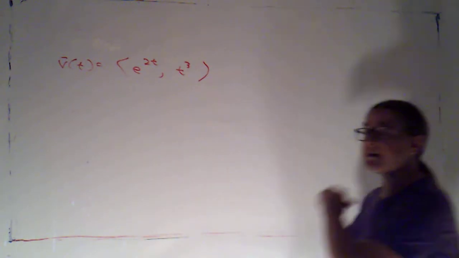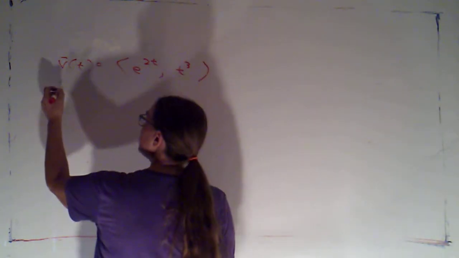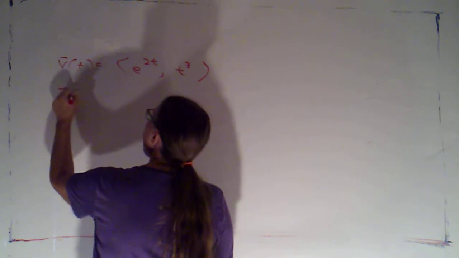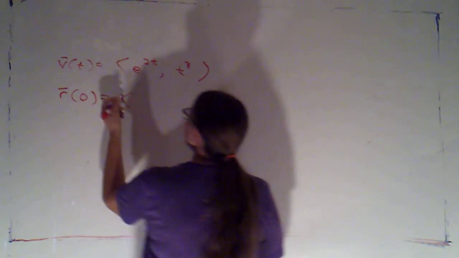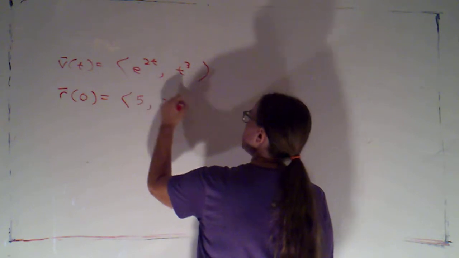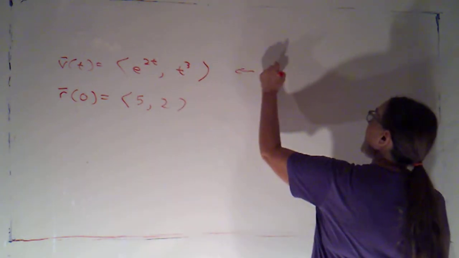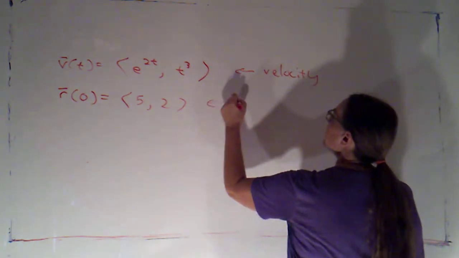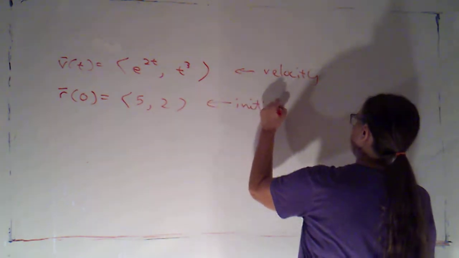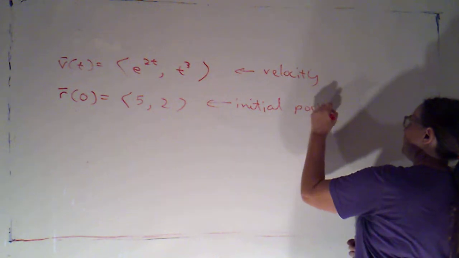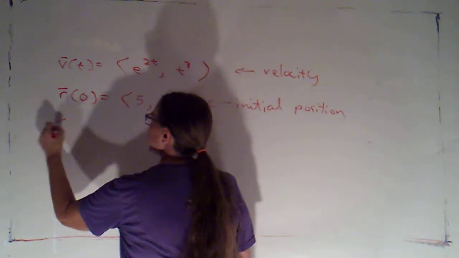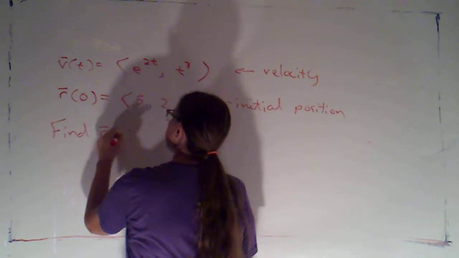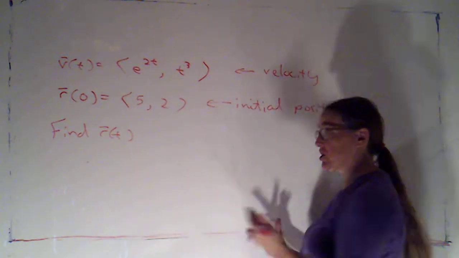And let's suppose that I know that my position function at time 0 is ⟨5, 2⟩. So this is my velocity function, and this is my initial position. And I want to find r of t. I want to find the position function.